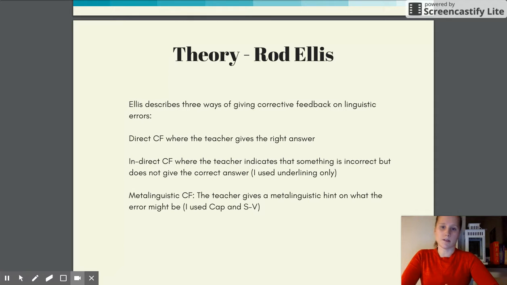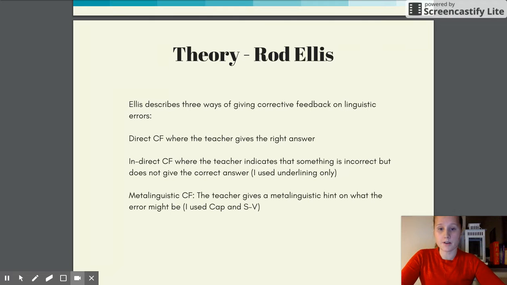The first one is direct, where the teacher simply gives the student the right answer. The second one is indirect feedback, which means that the teacher indicates that there is an error or several errors, but doesn't provide the student with the correct answer. And in my investigation, I used underlining.